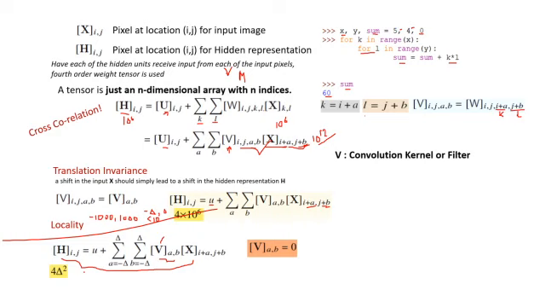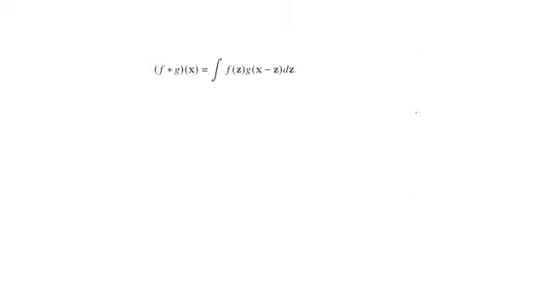Now the question is, why do we actually call it a convolution neural network? What is this convolution? Suppose we have two functions f and g, which take on some vector value. The convolution between these two functions is shown like this. We multiply f with g, where g is flipped and then shifted by x.